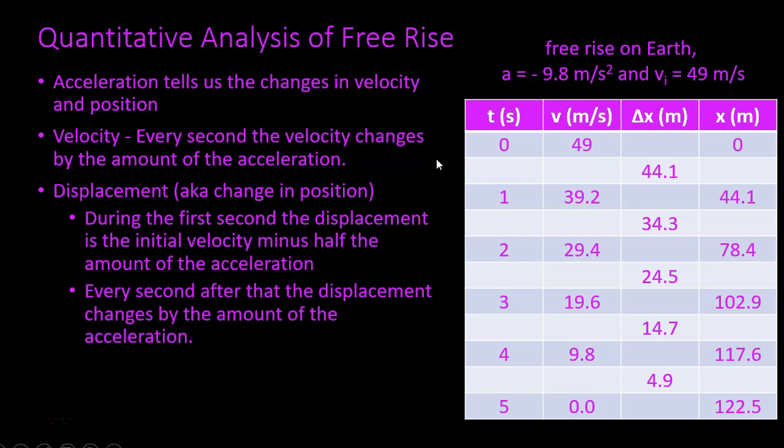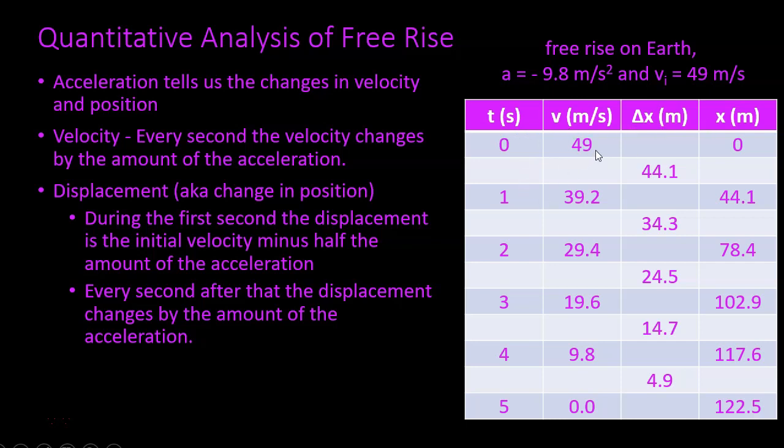So let's take a look at free rise on Earth. The acceleration due to gravity is 9.8 meters per second squared in the negative direction. And for this specific example, we're going to start with an initial velocity of 49 meters per second in the positive direction. So here's our table showing time, velocity, displacement, and position.